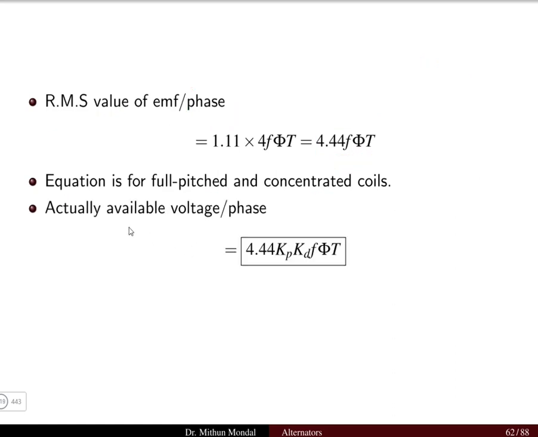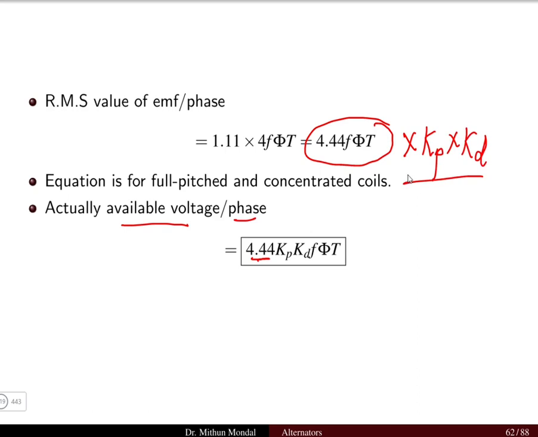Now this equation, 4.44 FΦT, has to be multiplied by Kp and Kd, the pitch factor and the distribution factor. Then this is the complete equation of the induced EMF actually available per phase.